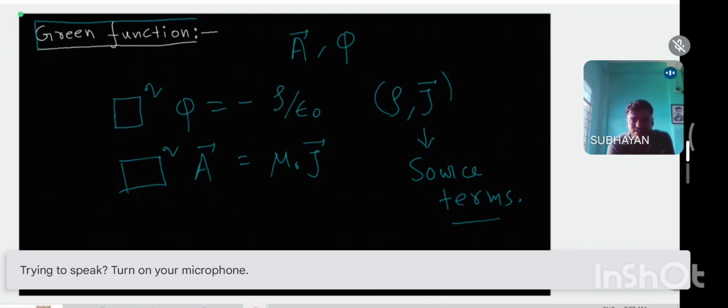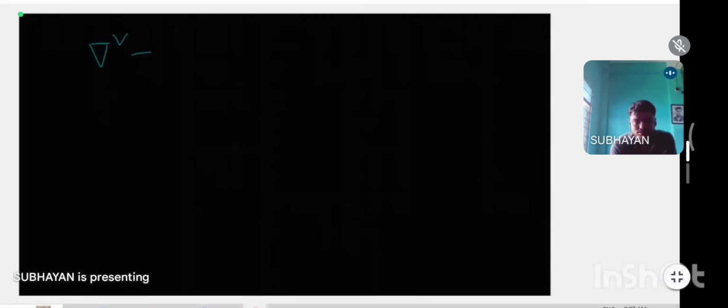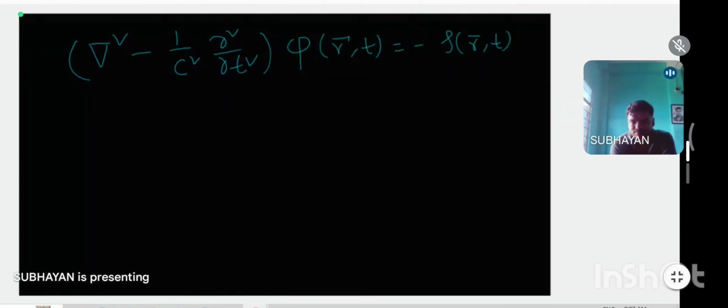Or explicitly, you can write grad square minus 1 by c square del 2 del t2 of phi, phi being a function of r and t, is equal to minus rho of r and t by epsilon naught.